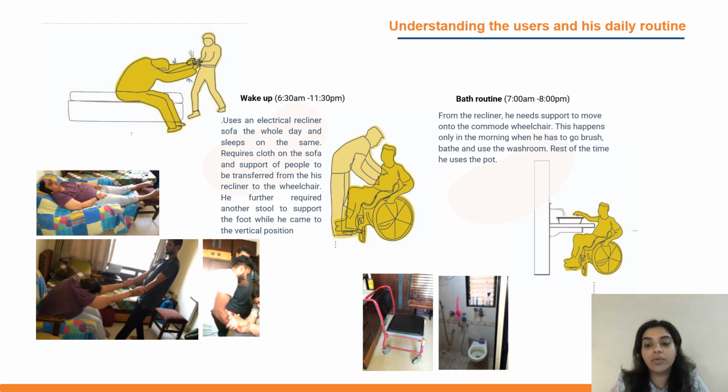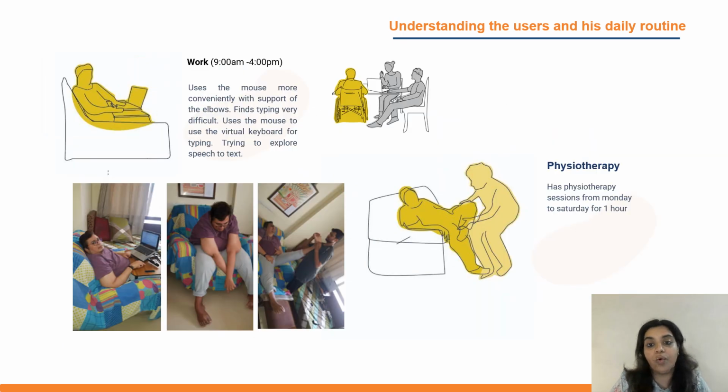So we tried to break down these different things by understanding his process of how his day would start, what would be his bathroom routine, then how he would sit and work, at what height he required his table when he would work using the mouse. He would actually type on the virtual keypad.